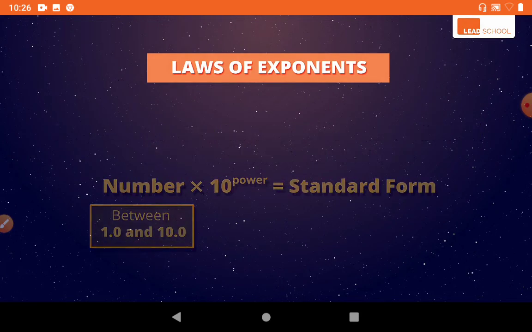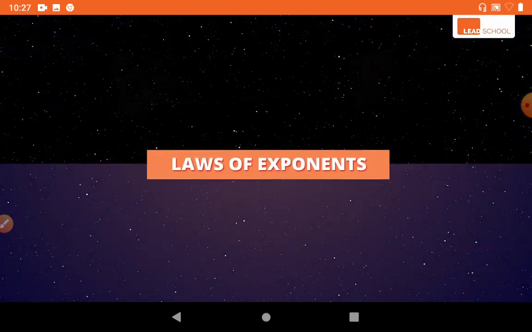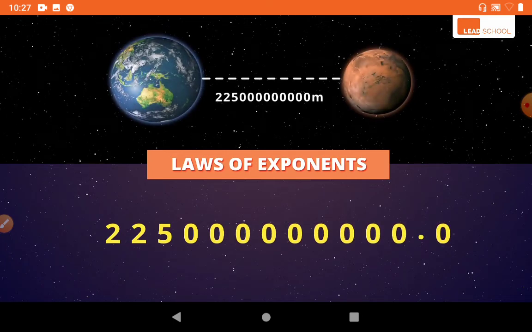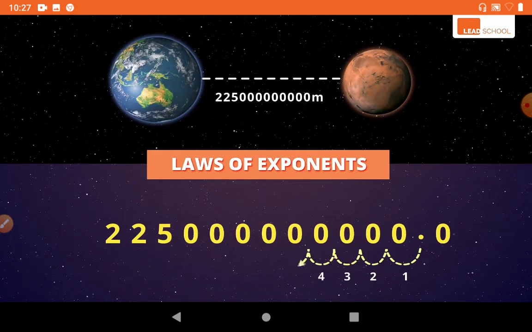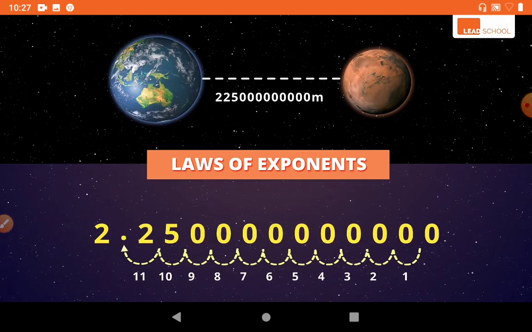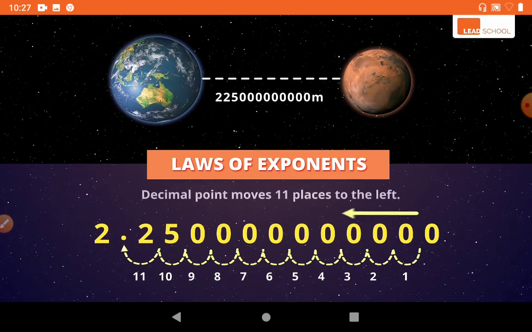Let's see how to write the distance between Earth and Mars using the standard form of that number. Move the decimal point to the left until it gives a number between 1.0 and 10.0. The number obtained is 2.25 and the decimal point has moved 11 places to the left.